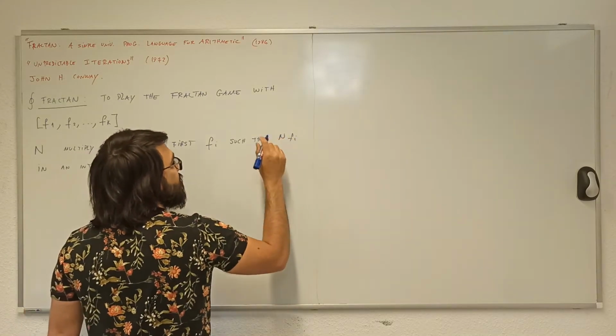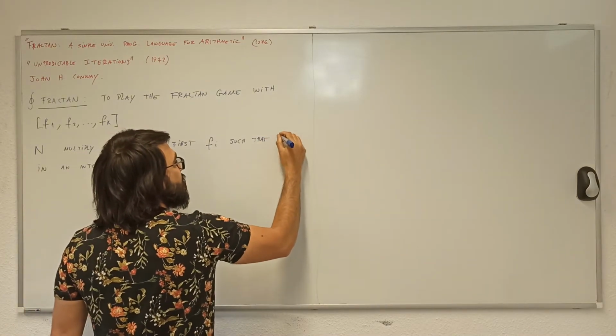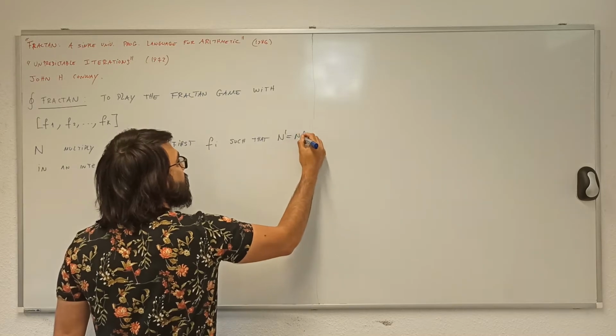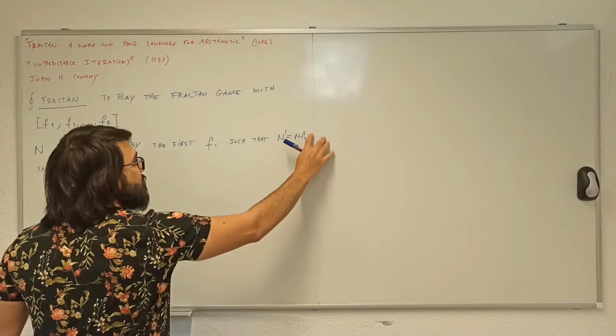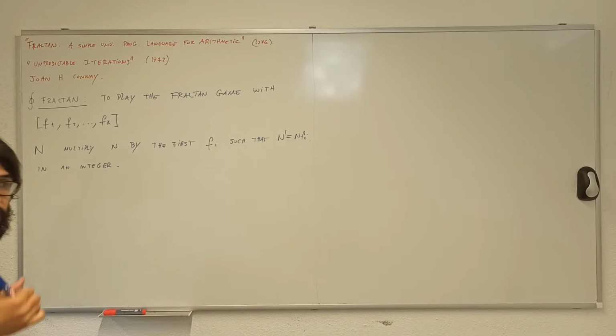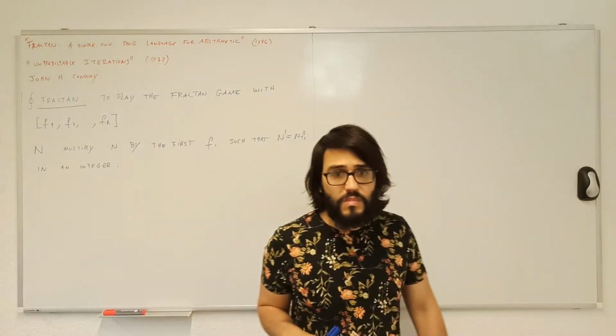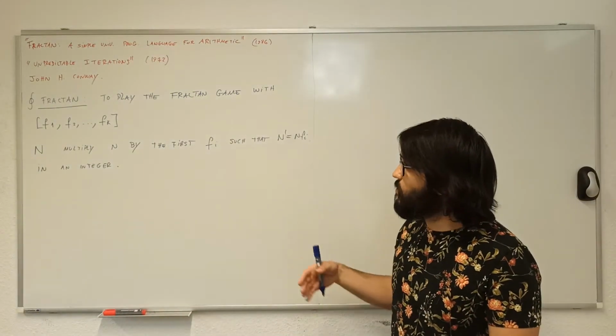So let's say such that n prime, which is n fi, is an integer. So that's the game. So start with an integer and just iterate that process.